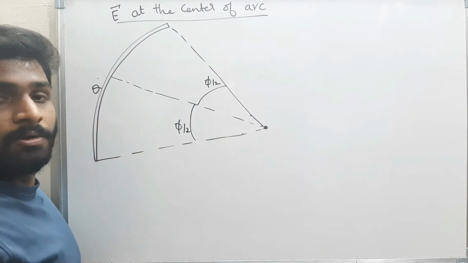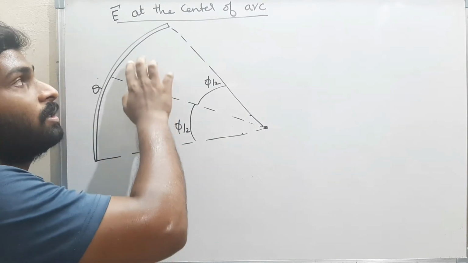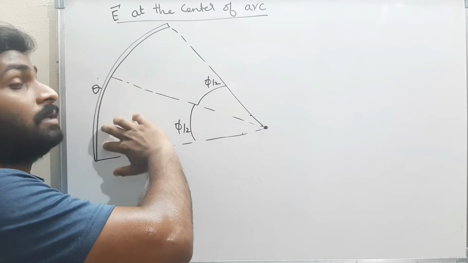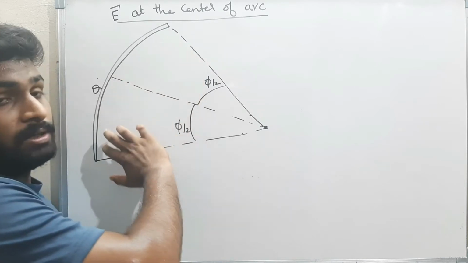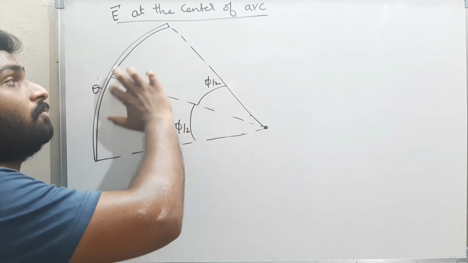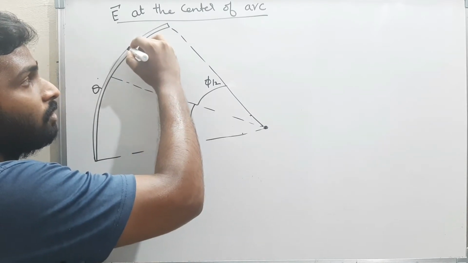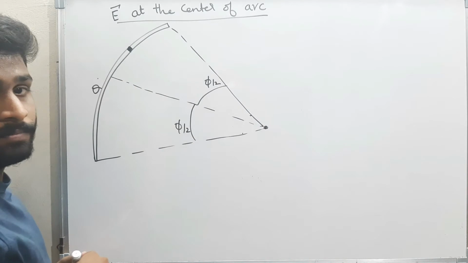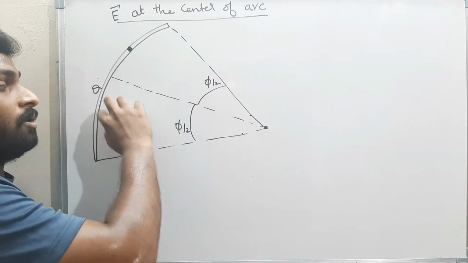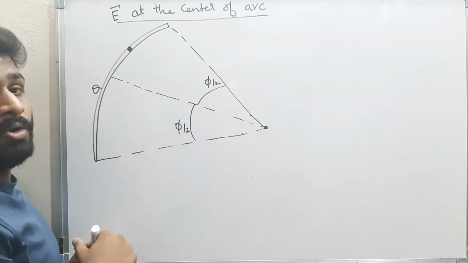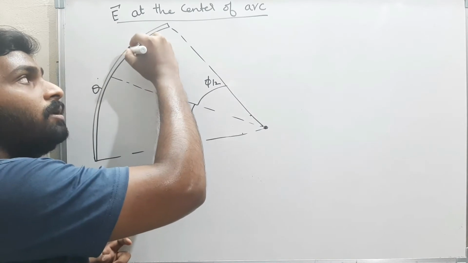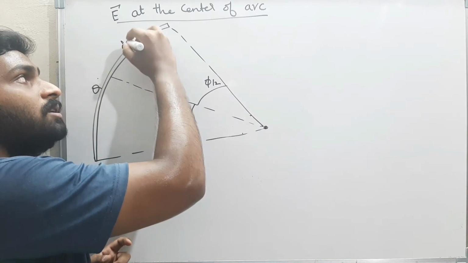Now, this arc is linearly distributed. The charge is distributed uniformly everywhere, that means every small component will have some charge. Now I am assuming a small elementary component of the arc, in which the charge is dq.